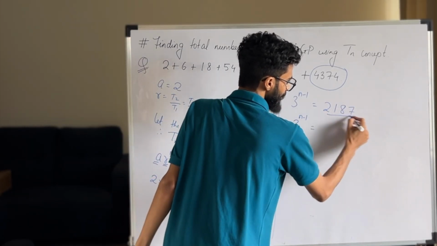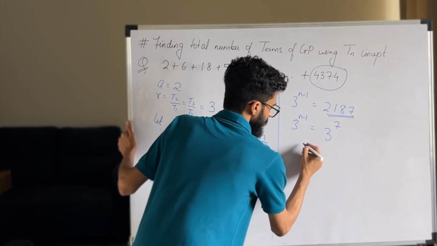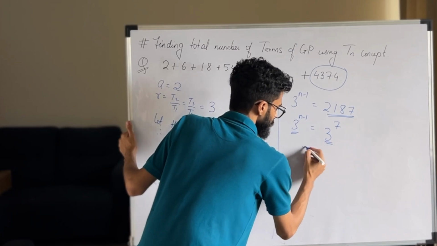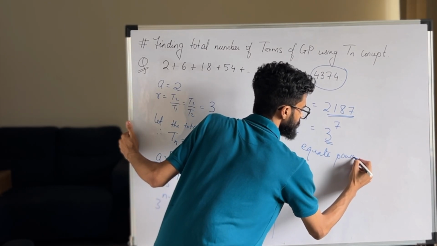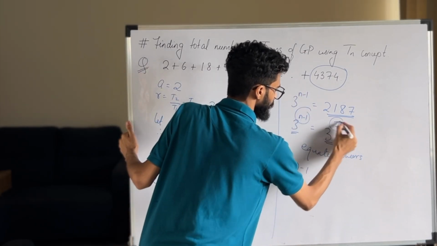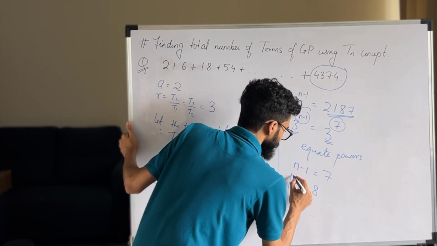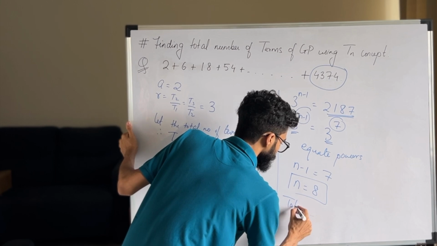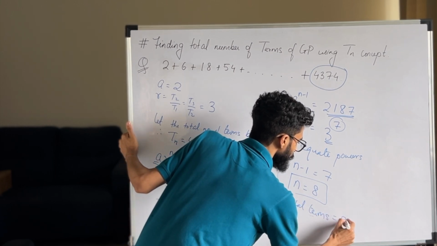If I prime factorize this, this is coming as 3 raised to 7. Bases are same. Equate powers. So n minus 1 is equal to 7. I am getting n as 8. That is my total terms is equal to 8.